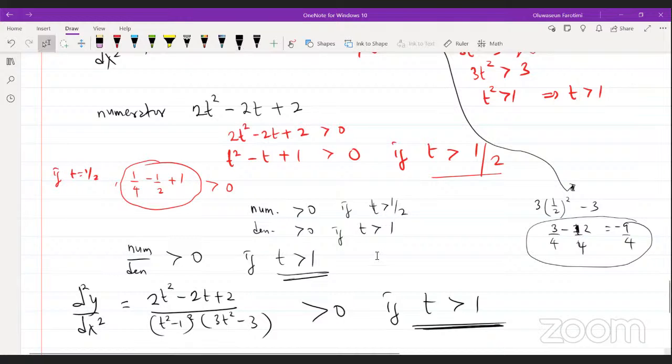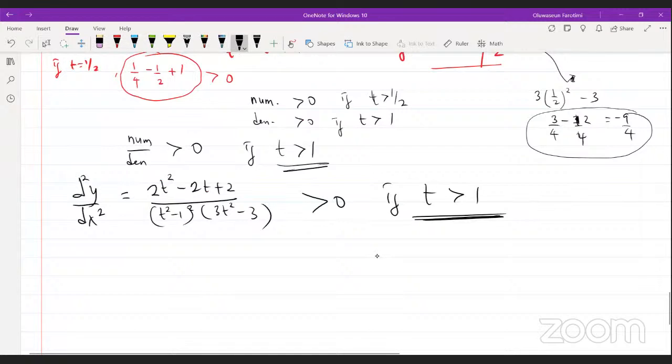Now, if I want to put this in interval form, that means I have to say that my t has to be a member of (1, infinity). Remember this from Calc 1? Yes, exactly. Okay, so now let's look at another example.